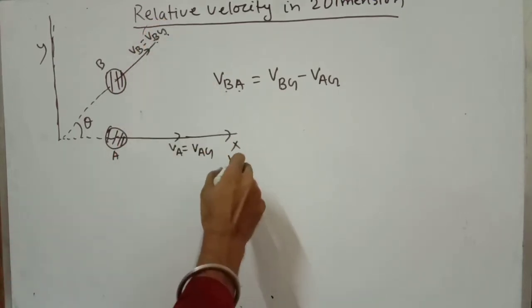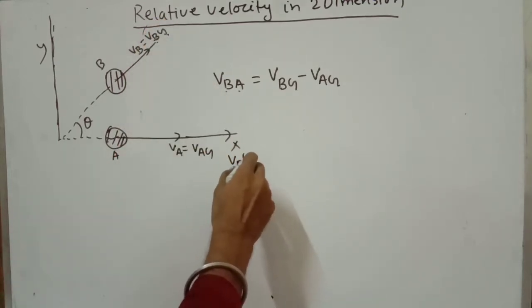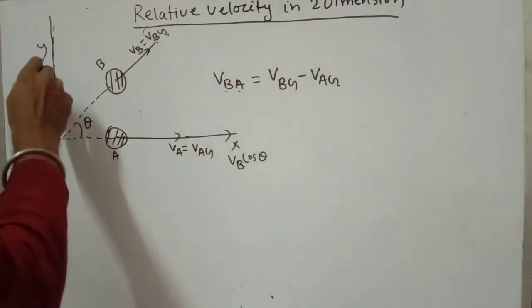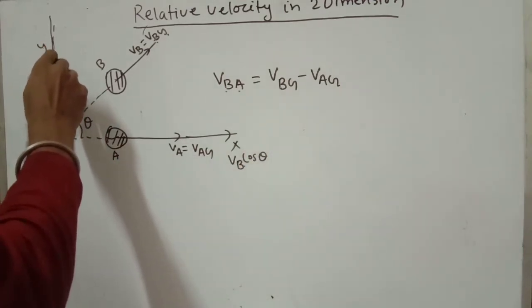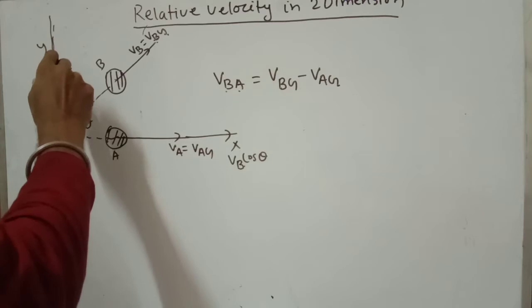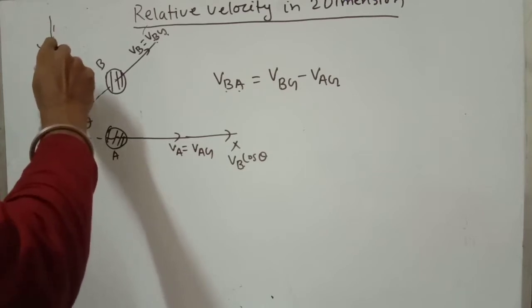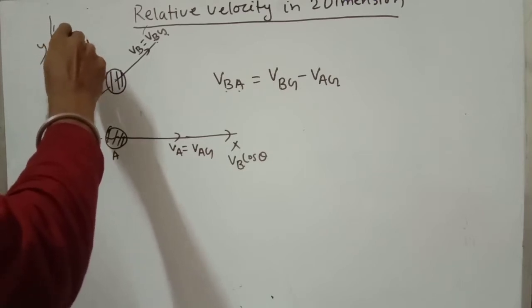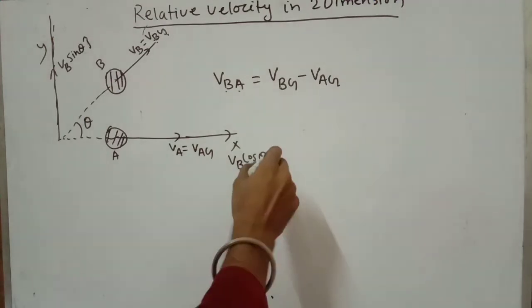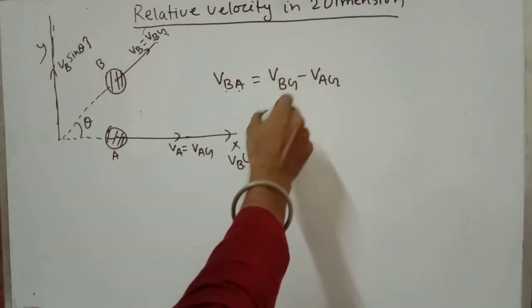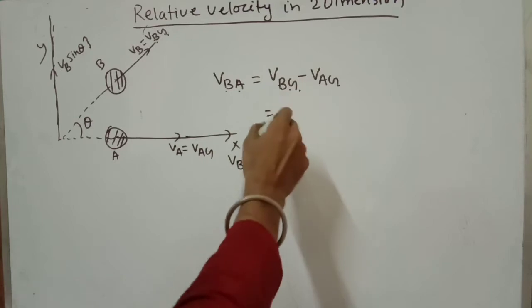In this direction the component is VB cos theta i cap, and in this direction VB sin theta j cap.